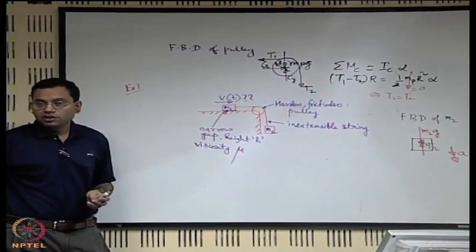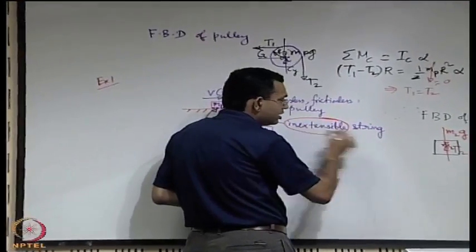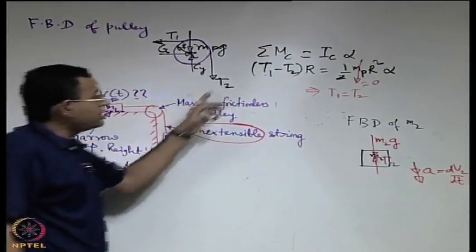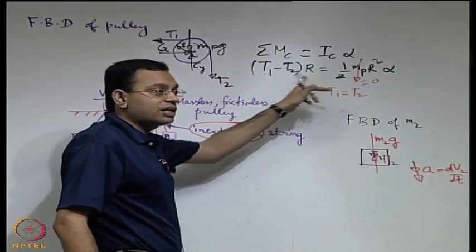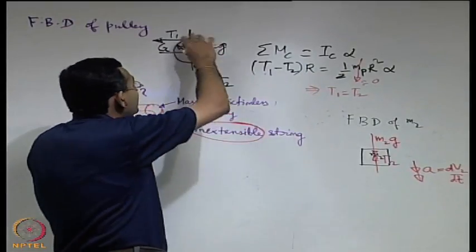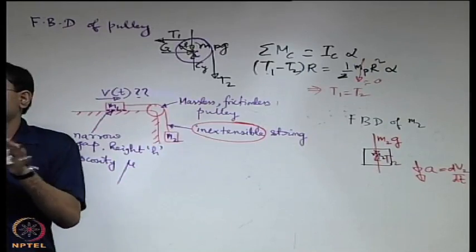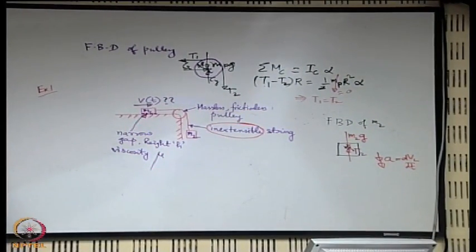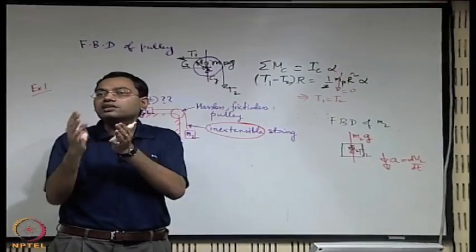Inextensible string. So the inextensible string had a role to play here, the massless pulley we have seen had a role to play here, and yes, the frictionless pulley also has a role to play here, because the belt is being wrapped around the pulley and because of friction there may be a difference in the contact forces between the belt and the pulley. That will be more apparent if you draw the free body diagram of the belt and see its interaction with the pulley.